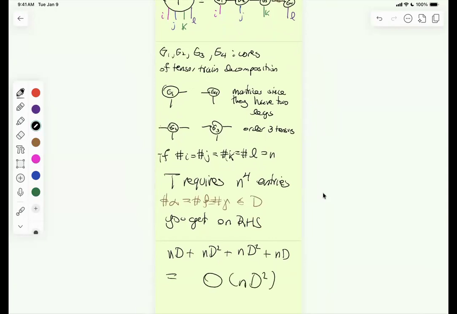And that is great if you can control the d's. So how can you control the d's? For example, if you decide to do a truncation or other schemes, then you can keep d low. So it is a tremendous gain to go from n to the 4 to something more or less linear.